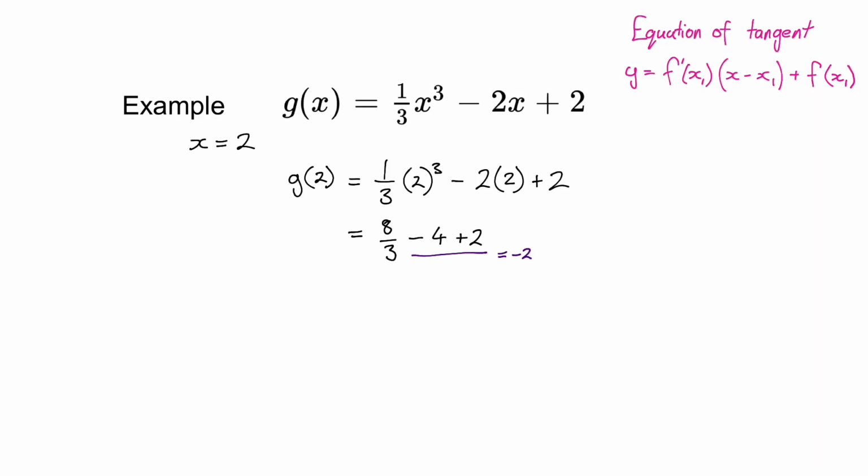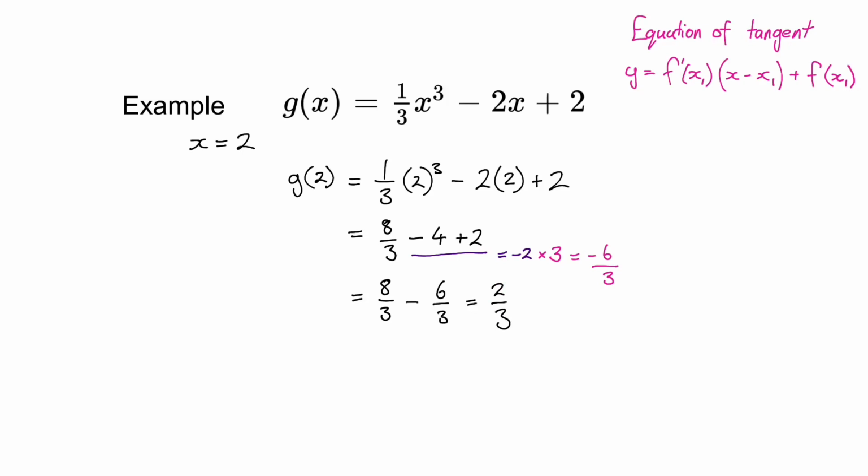The way we do that is by timesing it by 3, which gives us minus 6, the same as minus 6 on 3. That gives us our result, 8 on 3 minus 6 on 3. Now, 8 minus 6 is 2, so it's equal to 2 on 3.